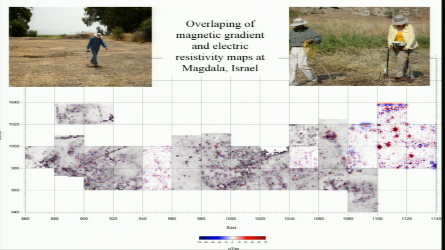So with the help of the resistivity map, we clarified a little bit better, and we had the chance to identify some structures, some linear patterns, some reticular patterns, and the combination was successful in this specific place.